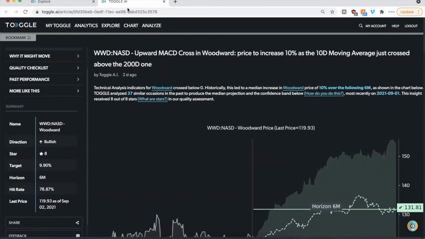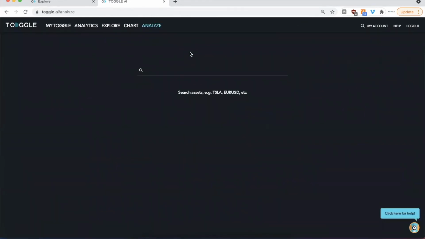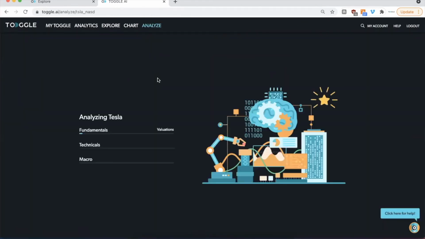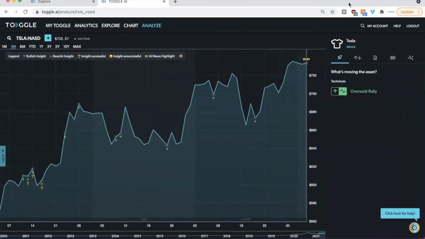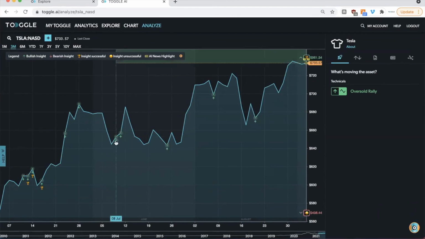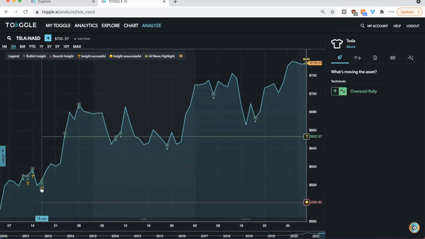Sure. So thanks for that question. The green up arrow is a bullish insight. The red down arrow is a bearish insight. If the arrow has a golden trophy next to it, that means it's been completed, which means that the asset price has reached the median prediction level.